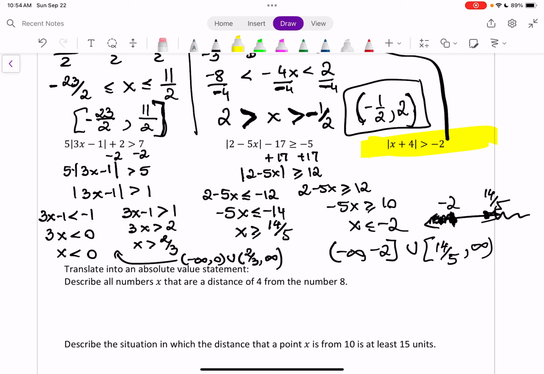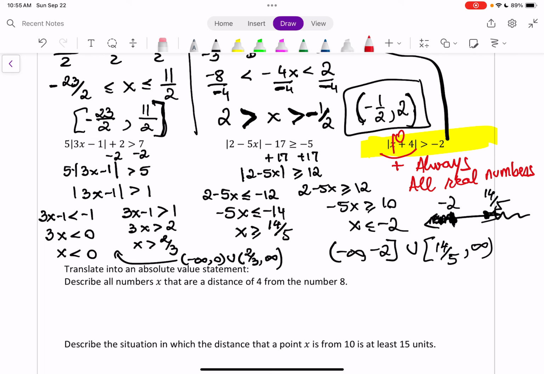So here I have the absolute value of something is greater than negative 2. So same thing, when is a positive number greater than negative 2? Well, always, right? All positive numbers are going to be greater than negative 2. So therefore, the solution here is all real numbers. Any number that's going to be plugged in here for x would make this a true statement.